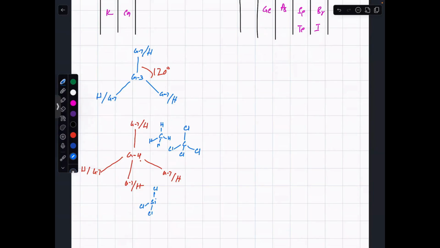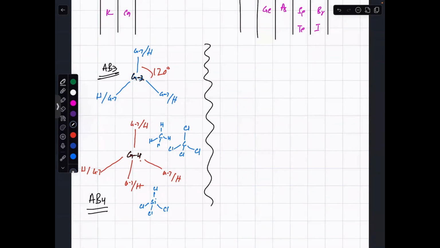See? And this is which case? This is AB4. This one was AB3. This was AB4. This is group 3. This is group 4.